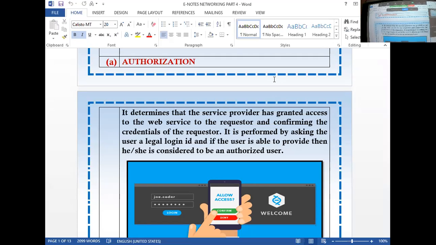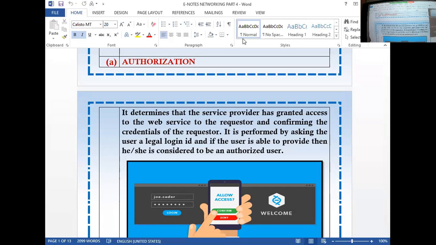Credentials mean legal documents, the proof. Suppose you are entering an examination hall, the examiner will check your admit card and your ID proof to ensure that you are the correct child and the authorized child to appear for the exam.